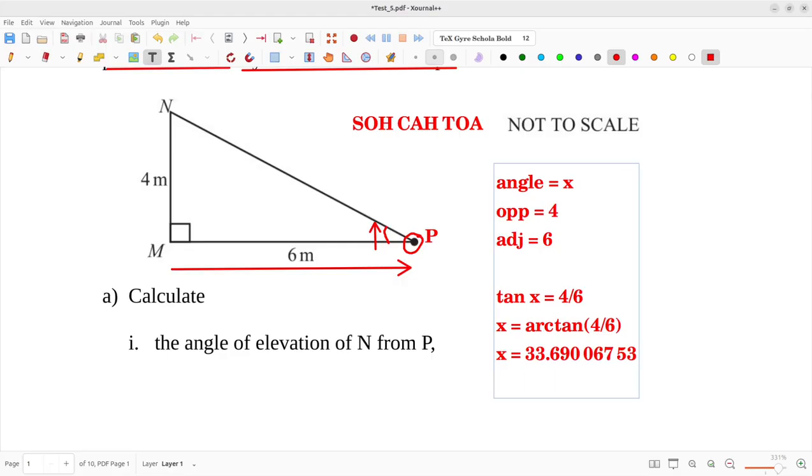So this is giving us 33.69. Now, 3 significant figures if it's a non-exact number, and if it's an angle, you are required to leave it in 1 decimal place, and your 1 decimal place in this case is going to be this number here.